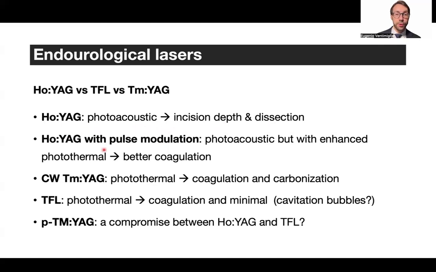Holmium YAG can be pulse modulated, meaning that it will have an enhanced photothermal effect and again a better coagulation. We have thulium YAG, which can work in a continuous way. It will be mostly thermal, so a wonderful coagulative effect, but still some carbonization. And in terms of dissection, it will not be its best characteristic.